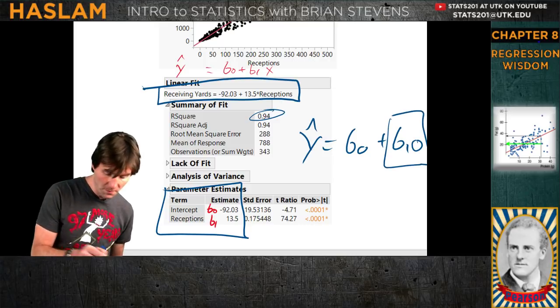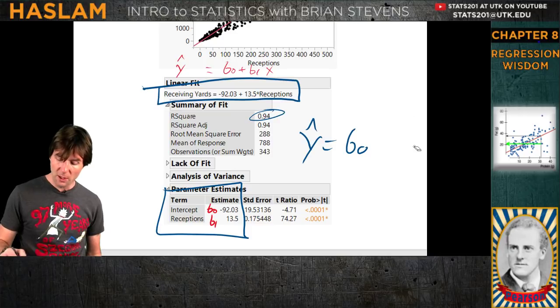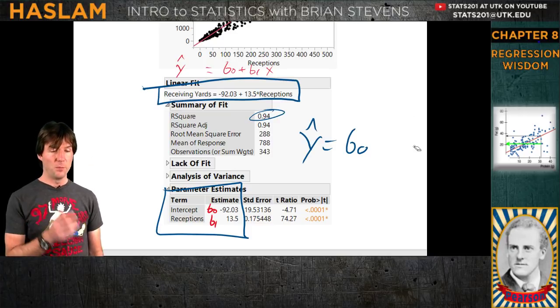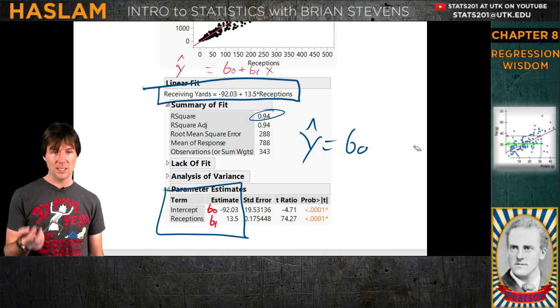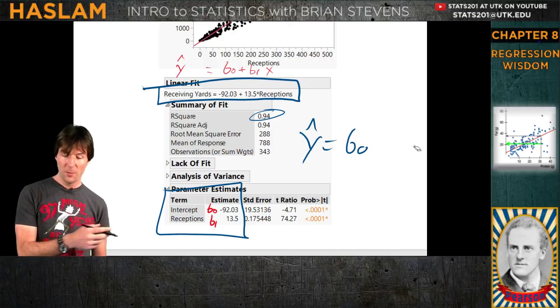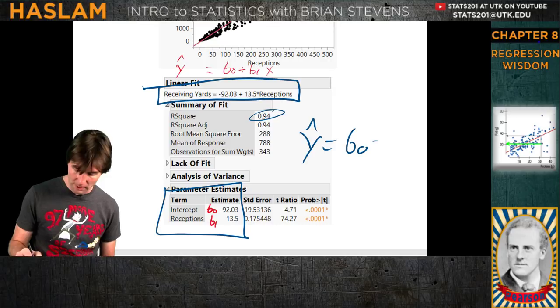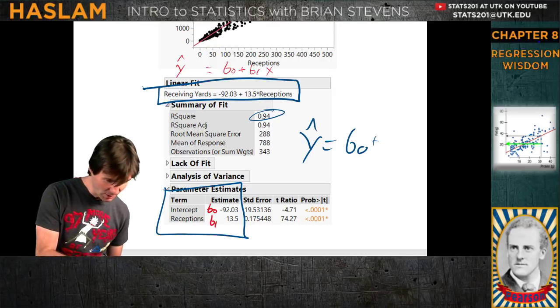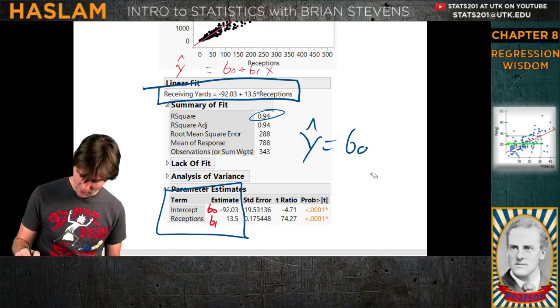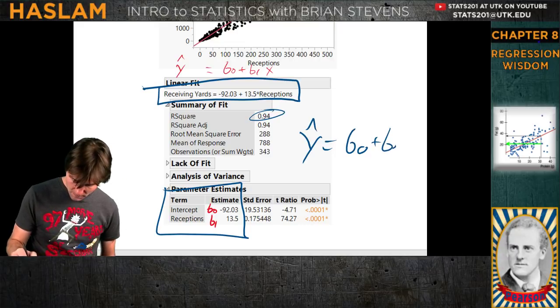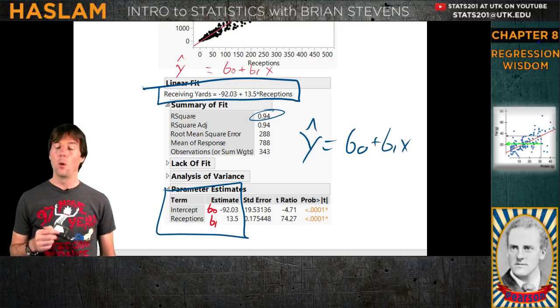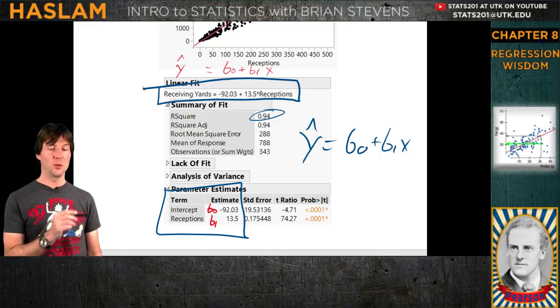That becomes 0. So think about this. Just read off what B0 is. B0 is what we expect when x is equal to 0.